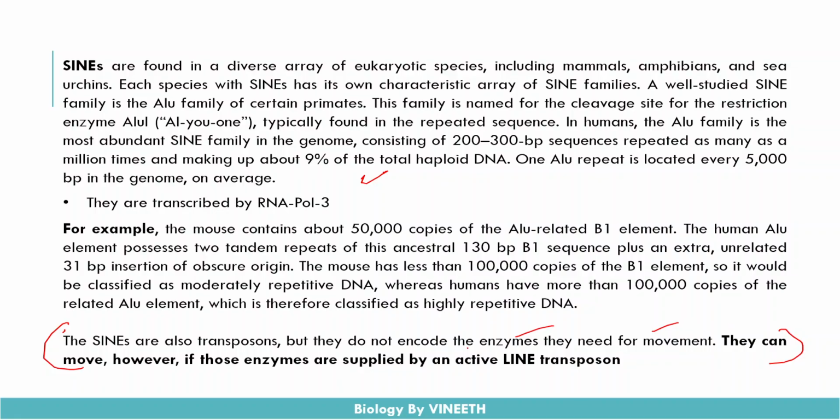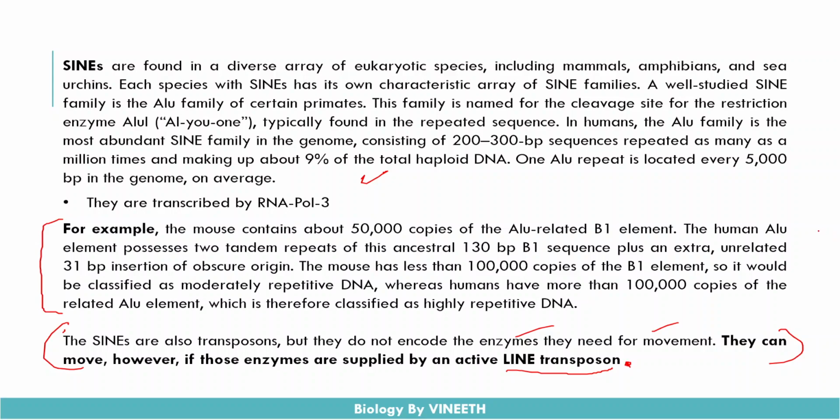So they can move if those enzymes are supplied by the active LINE transposons. The enzymes encoded by the LINE transposons are utilized by the SINE transposons, and by using those enzymes they transpose from one location to different locations on the chromosomes.